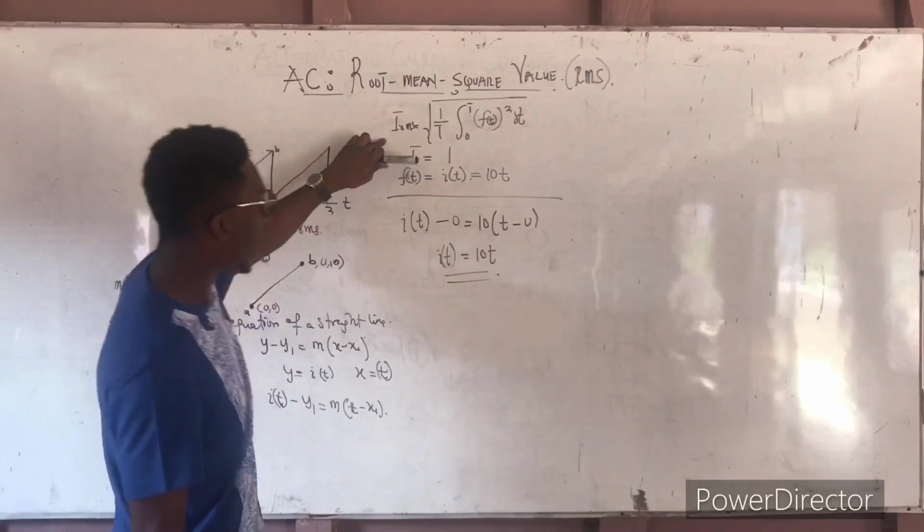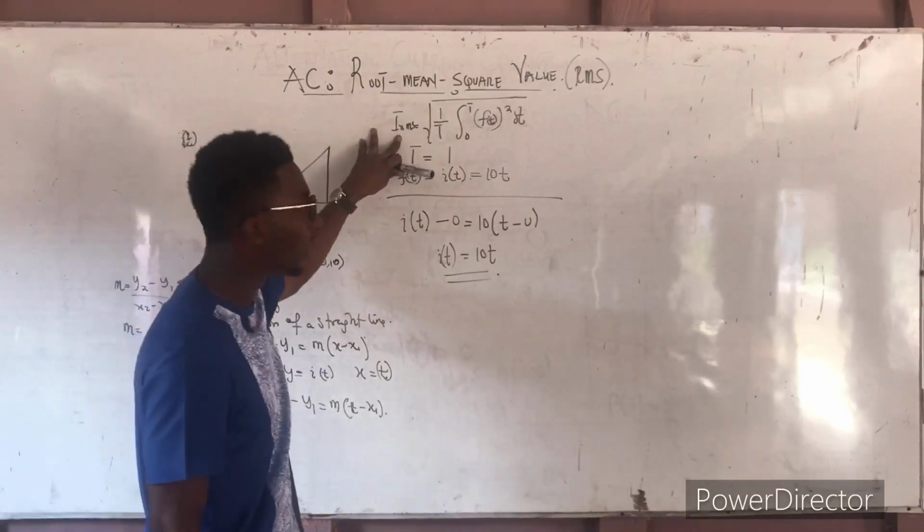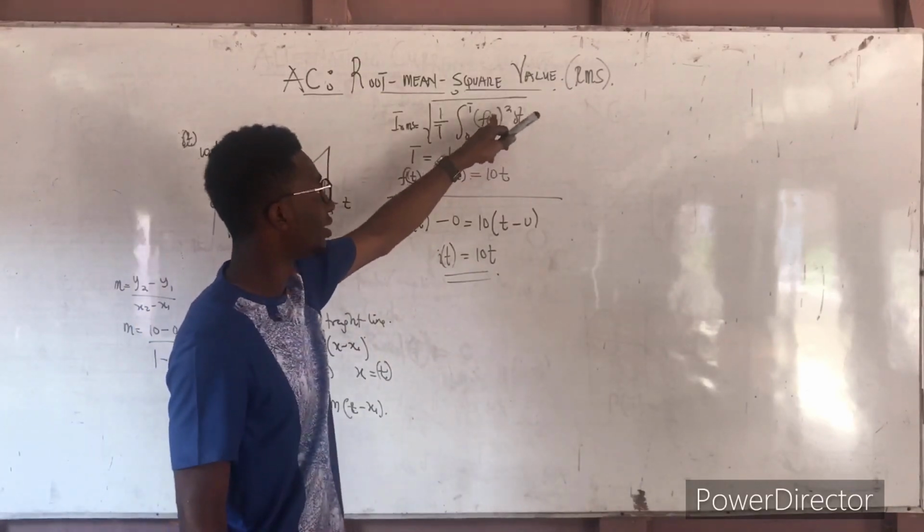But take note that in the RMS, or the root mean square value, you should square the function.